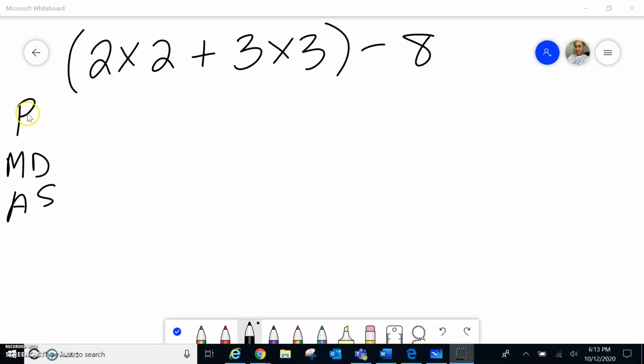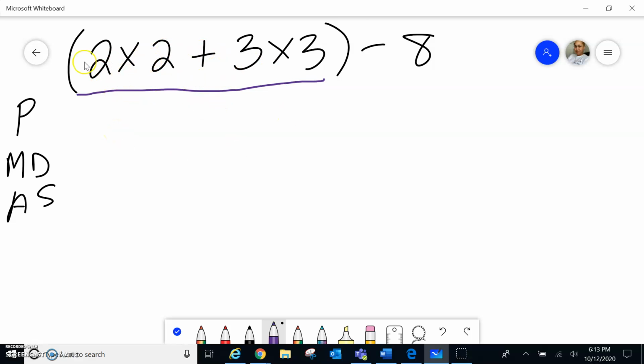So again, we know we have to start with parentheses, and here we have a lot in our parentheses. So I'm sure you're asking, can I just do 2 times 2, then plus 3 times 3 and just go from there? You can, but you have to still follow order of operations. You solve everything in the parentheses first before we can work outside of that, but you still have to follow order of operations within that.